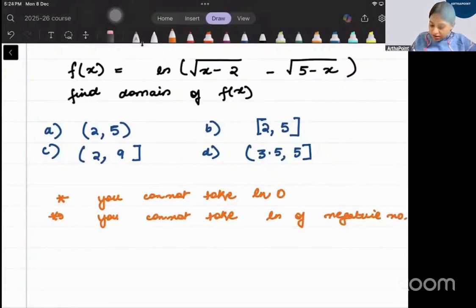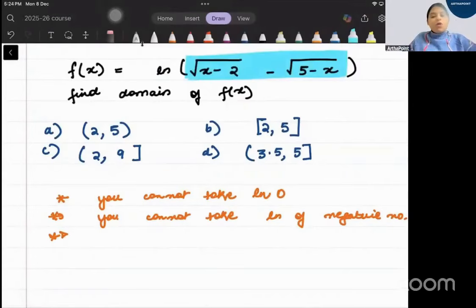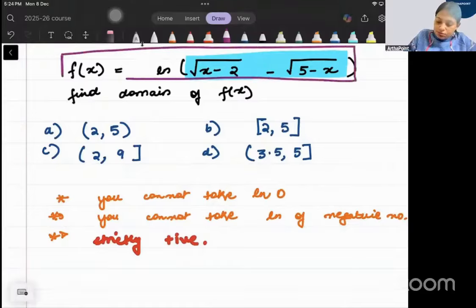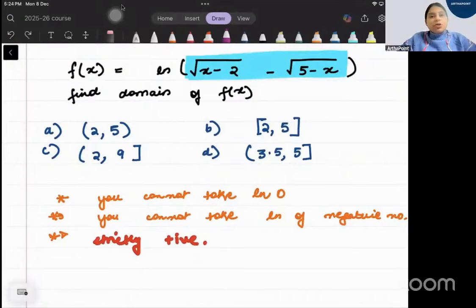The third property is that because of the first two, whatever comes inside ln must be strictly positive. These are some of the properties that you have to remember for a log function. Now keep these properties in mind and then solve.